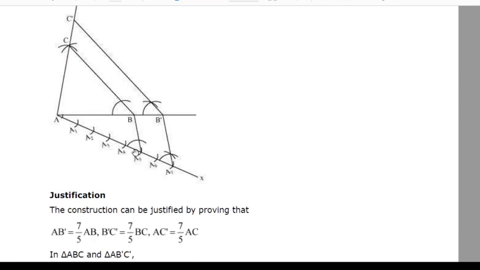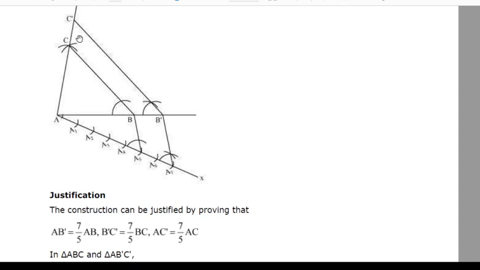And how much do you have to draw? 7:5. First you draw another line and divide it into 7 equal parts. 5 is the original, so this A5 you have to join with the original point, that is B A5. Now you draw the parallel line. You move to the 7th part in the forward direction and join, you will get the B dash point, and from there you draw a line parallel to this line.